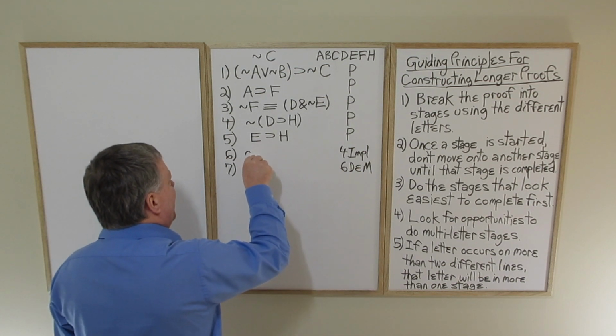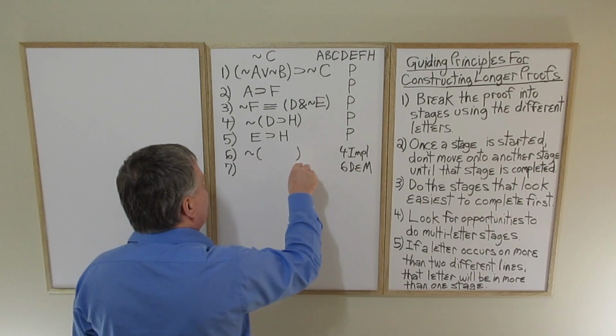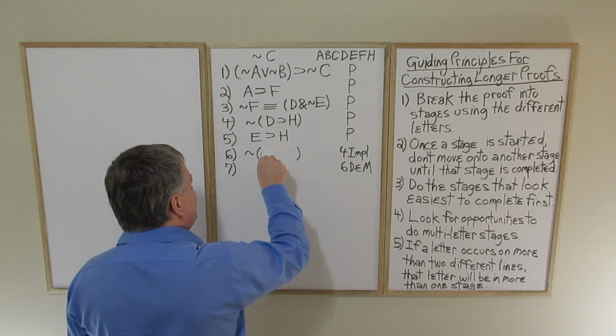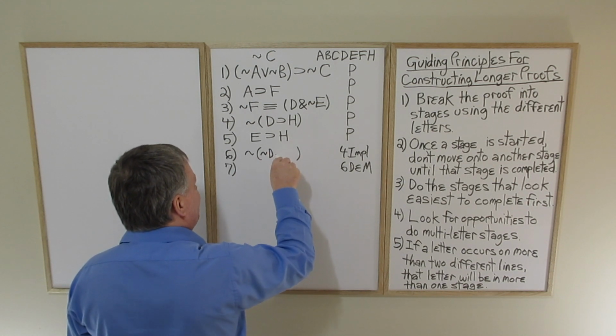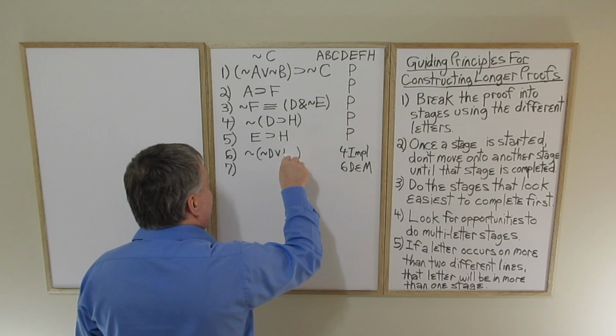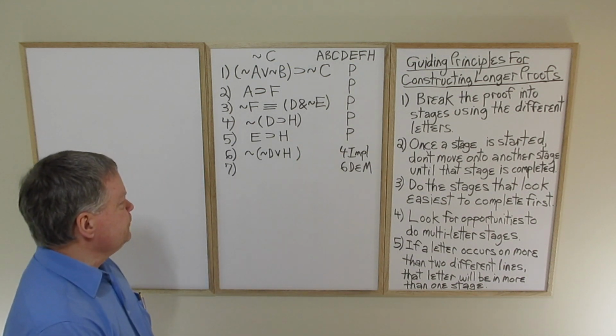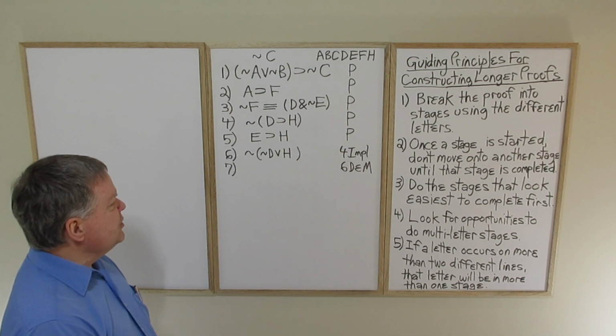So on line 6, the conditional D horseshoe H becomes the disjunction tilde D or H by implication.